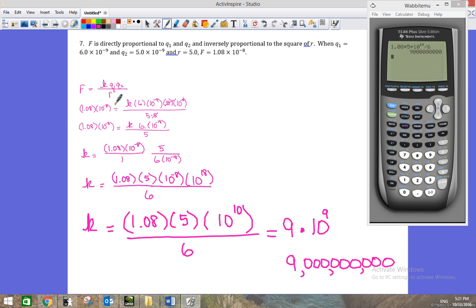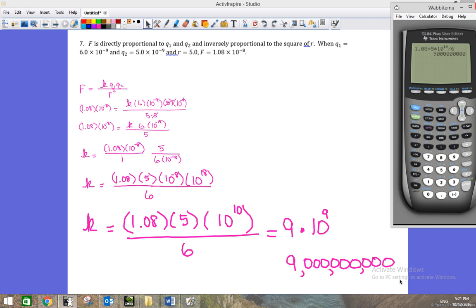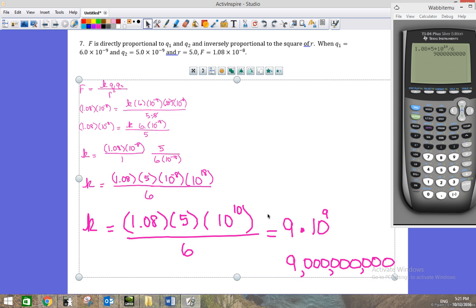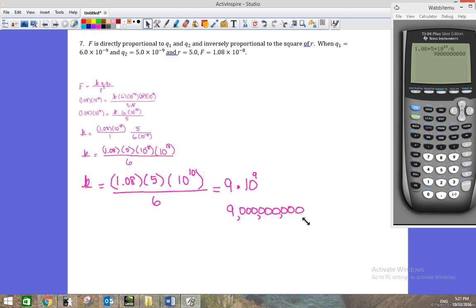Now I forget what the problem asked me. Yeah, it's not asking me for anything else. So it wants the equation. Let's go back and substitute in this value of K. Let's go ahead and use it as 9 times 10 to the 9th, so I don't have to write all those zeros. So I've got F is equal to 9 times 10 to the 9th.